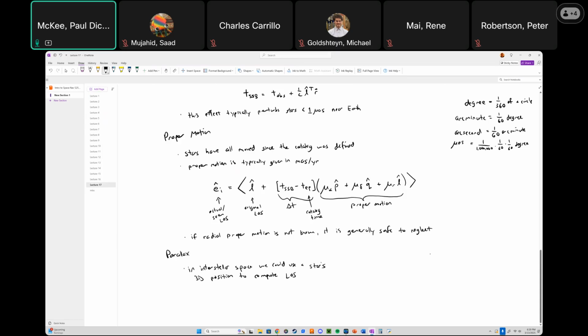But remember, line of sight, or 3D position, is generally not that well known. So in the solar system, near the sun, we can treat parallax as a perturbing effect.